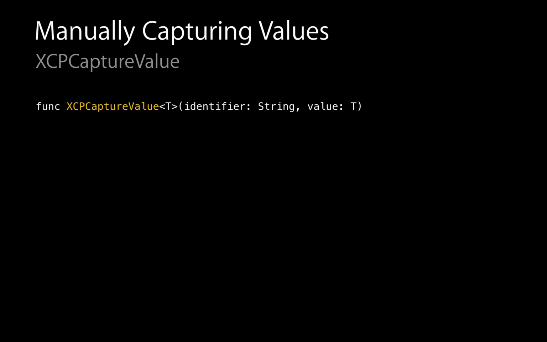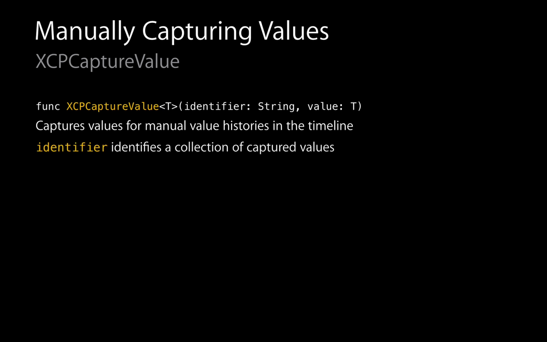It's a function that takes an identifier, which is a string, and your value, which is of any type. When you pass it your value, it will take that value and put it in a timeline item for you. The identifier identifies what timeline item you want that value to go to. If you call this function on different lines but pass the same identifier, the values from those different lines will go to the same timeline item.